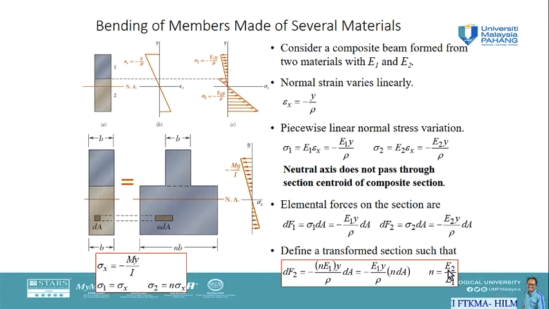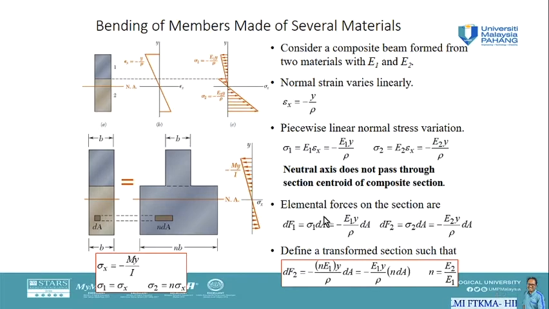So we can also write that dF2 is equal to negative n E1 y over rho dA, which is also equal to negative E1 y over rho times n dA. So basically what we want to do is find that the same force dF2 would be exerted on an element of area n dA.